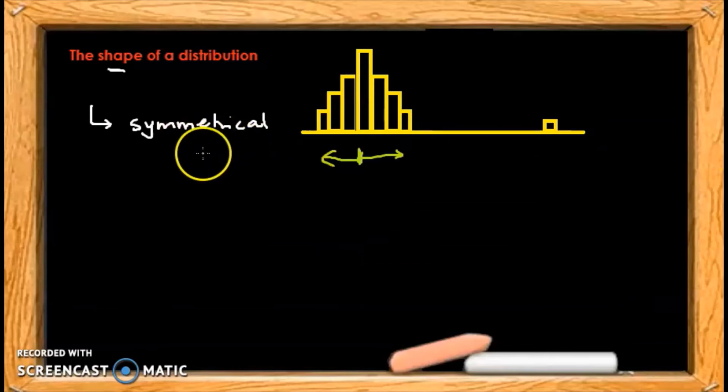But sometimes we might have a distribution that looks symmetrical, except there's a point way out away from the main data. Sometimes there might be one or maybe 2 points way away from the data. These points here are called outliers.